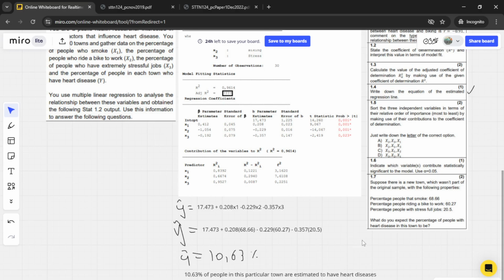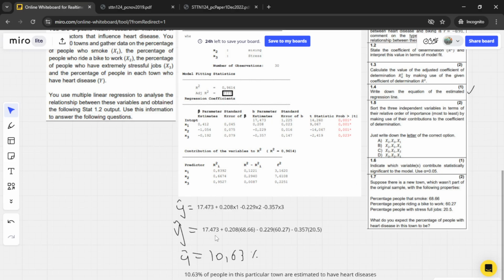So that's how you actually estimate the dependent variable, which is y, from given independent variables, and that's literally how you answer that question. Sometimes they might not ask you this question first. They can just say suppose there's a town, like the way they gave it to you here, but without giving you this.